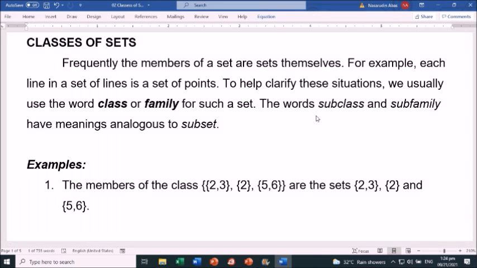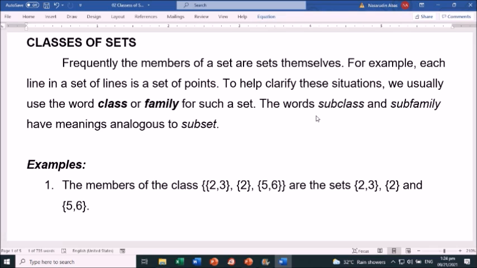Let us continue with classes of sets. Frequently, the members of a set are sets themselves. This means that we call a set a class when its elements are sets too. For example, each line in a set of lines is a set of points.